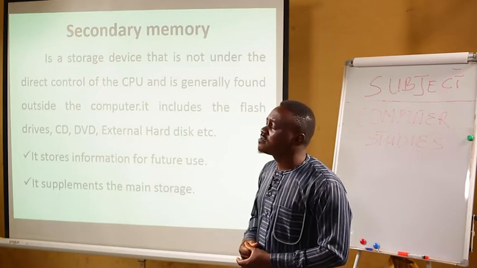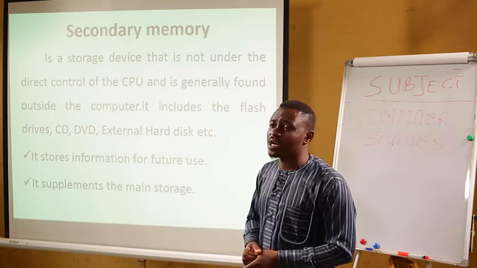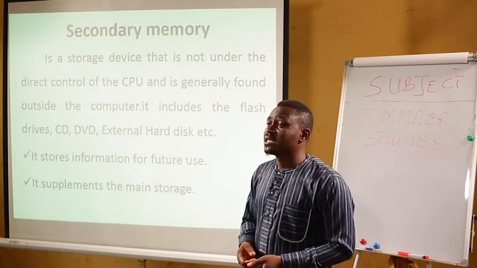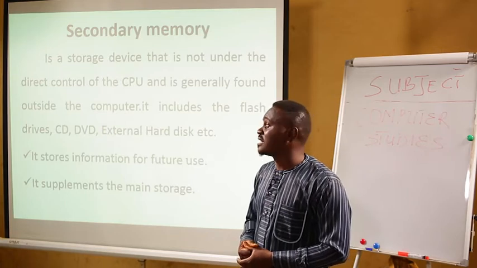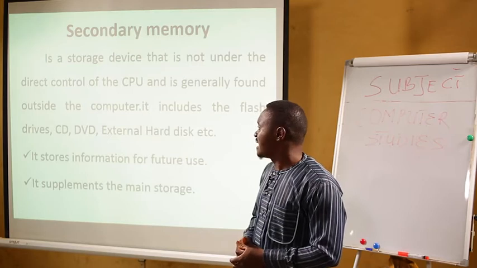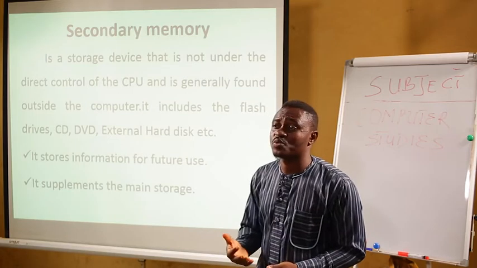Examples of this device include the flash drives we use, the CD, that is a compact disc, the DVD, that is the digital video disc, and the external hard disk, and so on and so forth.